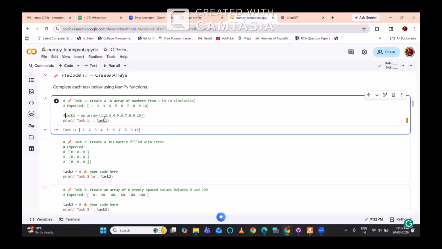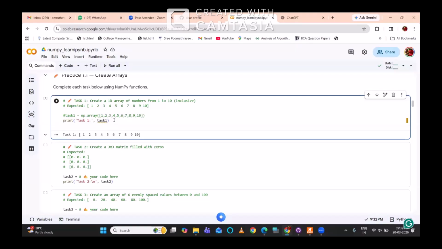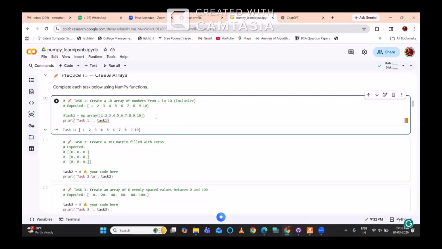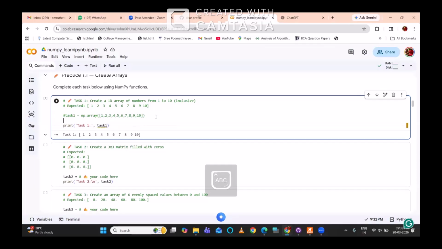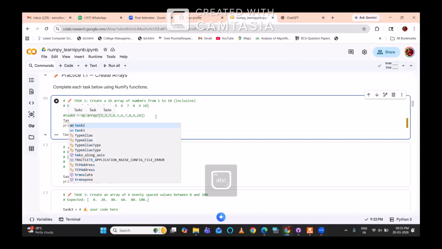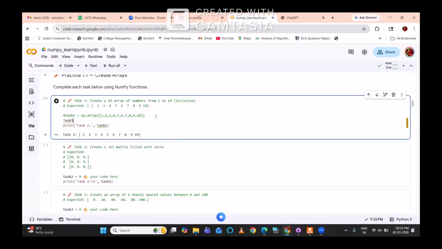Then on the next line, you can write task 1 is equal to, before that print. There, task 1. See, is the variable name capital or small? Again, the variable is task1. If you put it like that, again it will make an error.